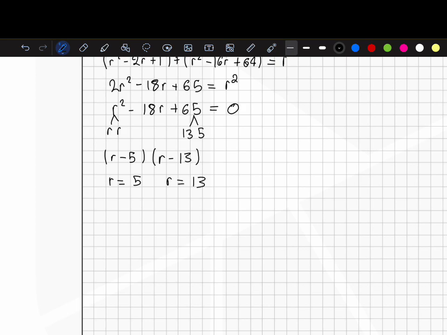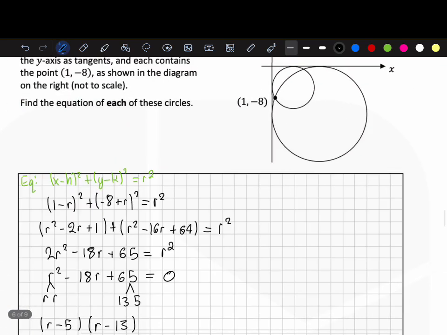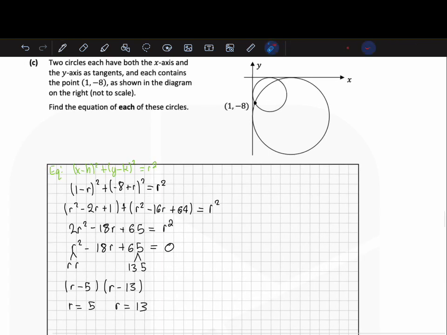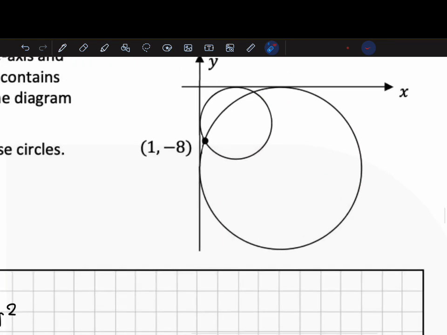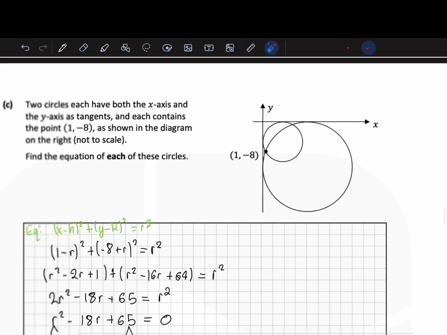So if we look back at the picture, or we look back up here actually, we're going to have this bigger circle. It's going to have our center here and here, which is 13 and minus 13. So therefore my center is going to be (13, minus 13). And if we look at the smaller circle, it's going to be here and here. So we have 5 and minus 5. So my center is going to be (5, minus 5). I don't need an x and y value because it's not required in the formula.